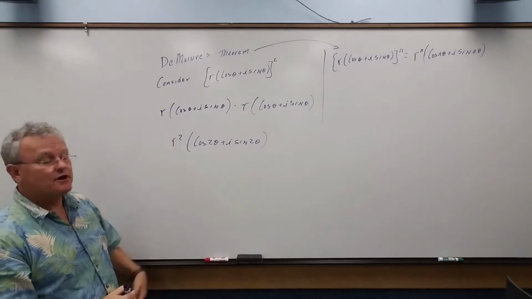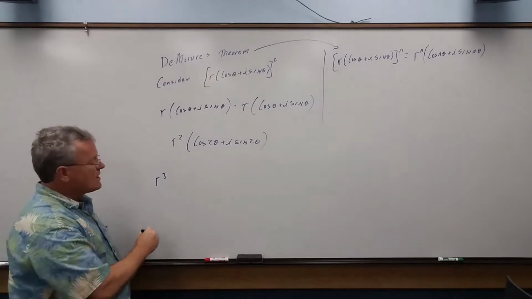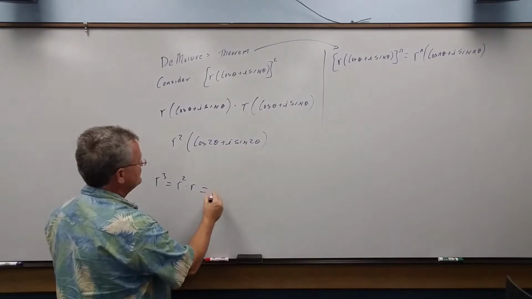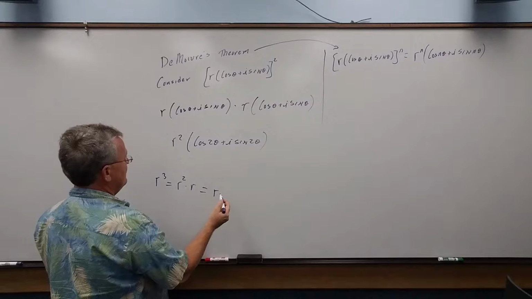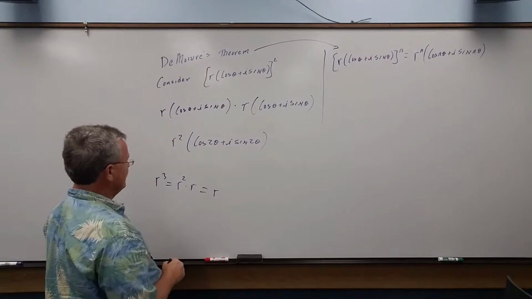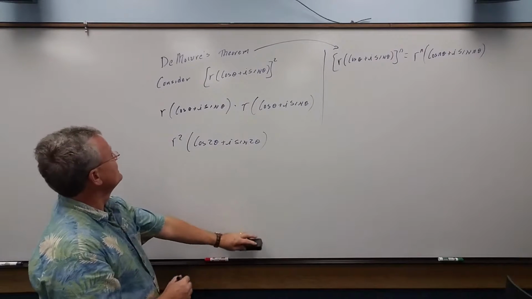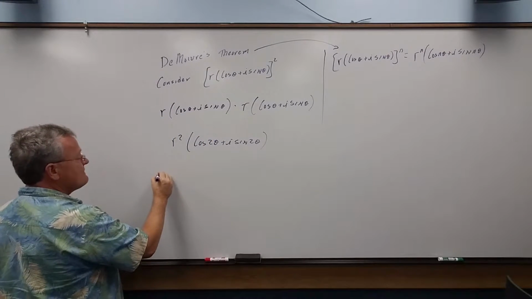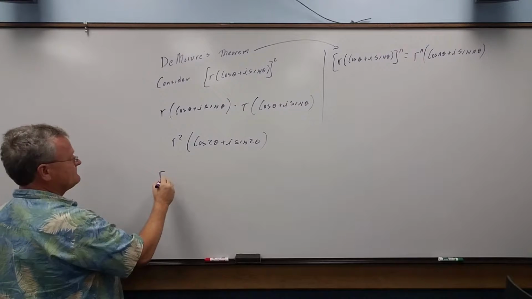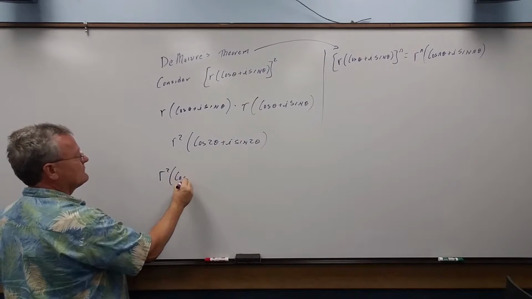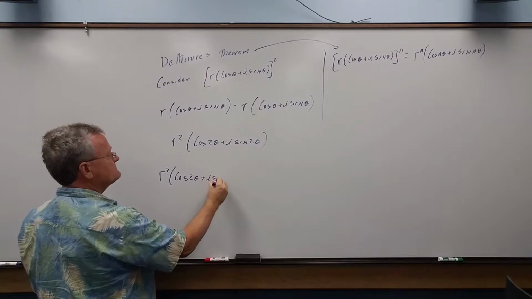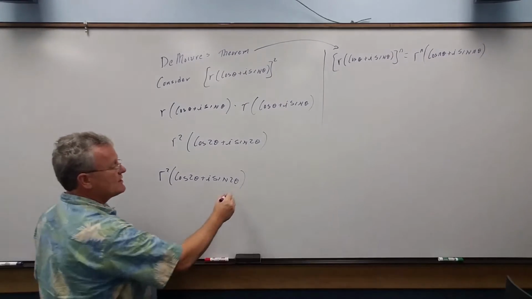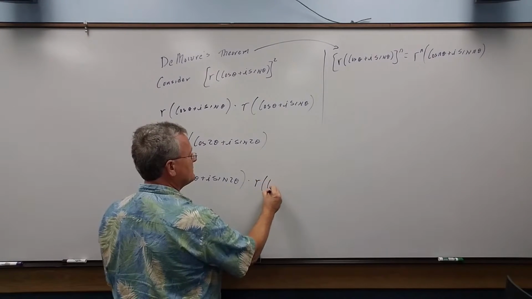Well, let's consider r cubed. Well, r cubed we can think of as r squared times r. I'm sorry, not r cubed. If we have another complex number cubed, then that's the same thing as this: our complex number squared times our complex number.